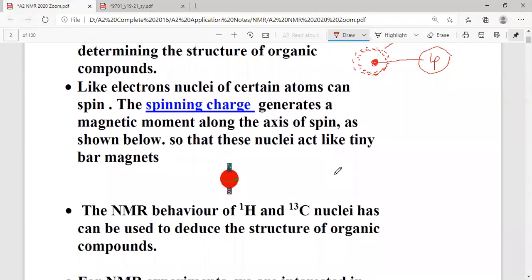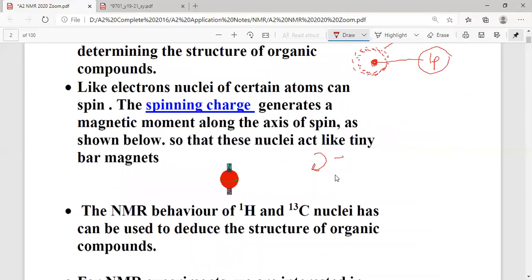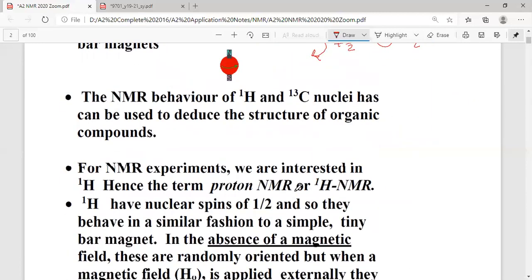If it's spinning clockwise, it's positive half. If spinning anti-clockwise, it's minus half. So all protons spin, positive or negative, clockwise or anti-clockwise. Carbon 13 we'll do later.